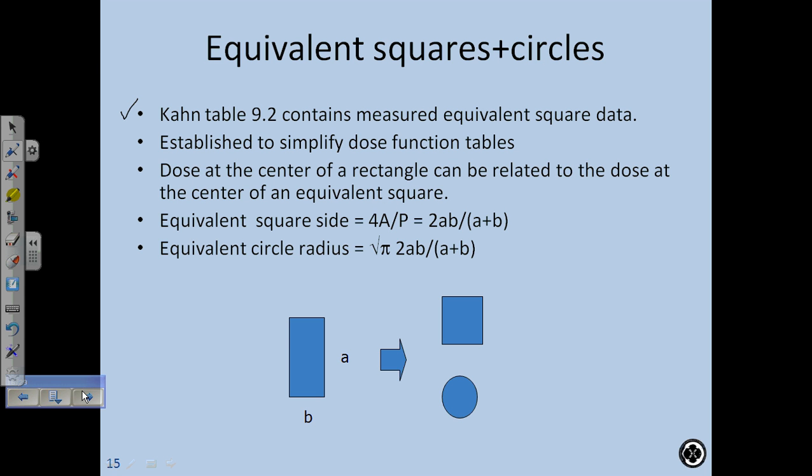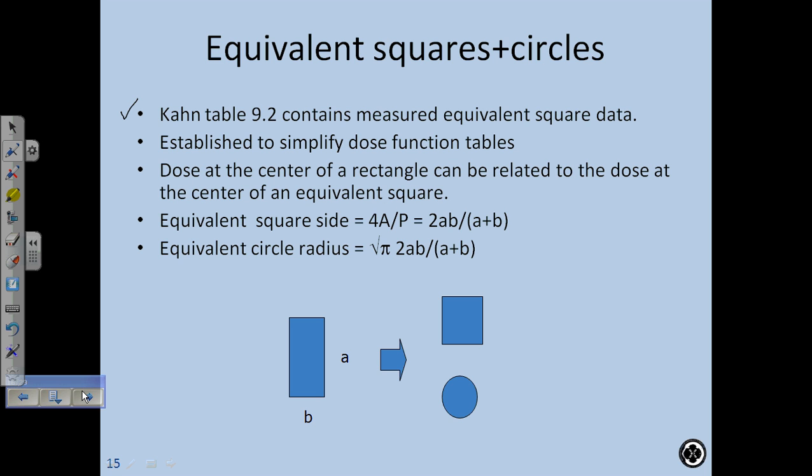Then they varied the length and width of the rectangle, measured squares, and made equivalences between the dose rates. If the rectangle is 12 by 6, they found the same dose rate for a field size of 8 by 8. Those relationships are in table 9.2.